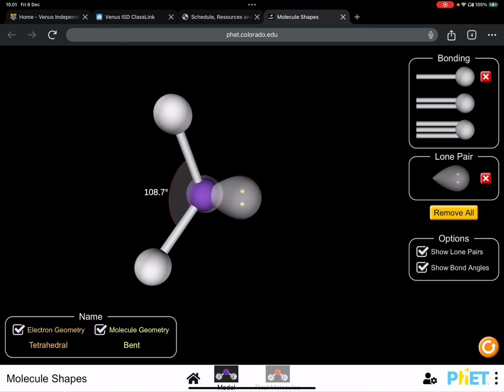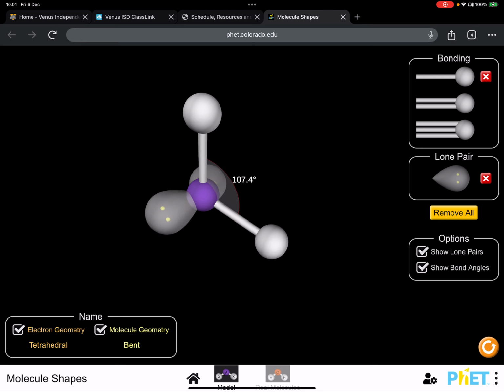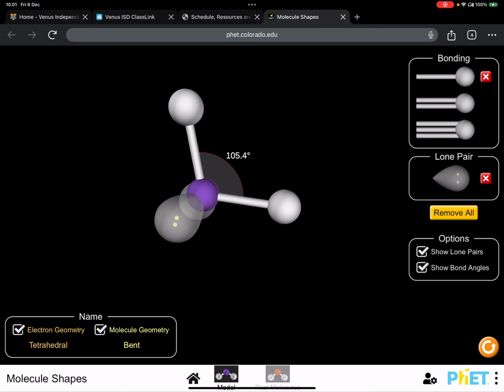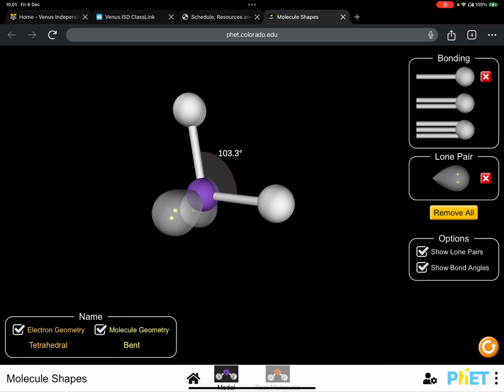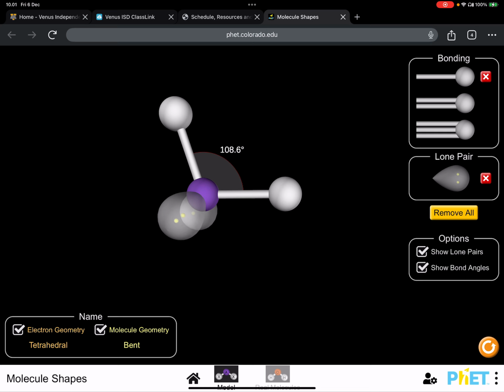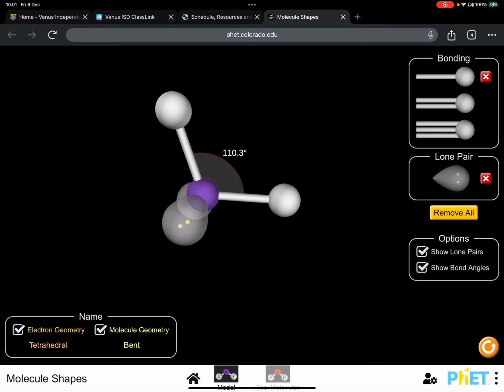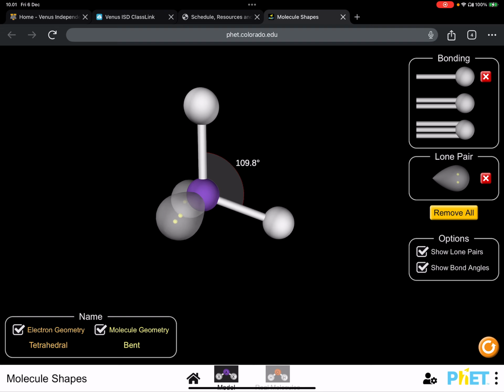Now I'm going to put it into the same configuration that I'm going to draw it in. All right, so I think right about there. Perfect. All right. Now, notice that I've got electron geometry of tetrahedral, but my molecular geometry is bent. And my bond angles, it shows me, is about 109.5.